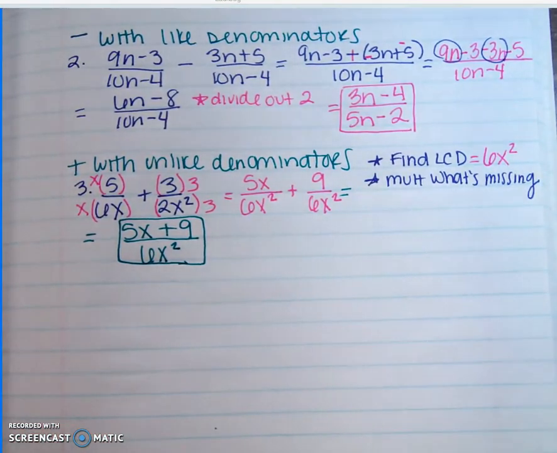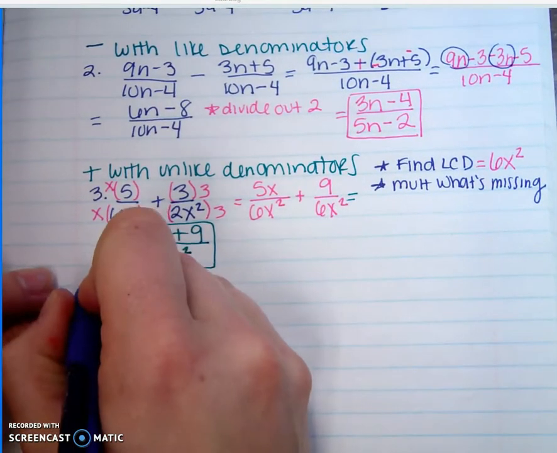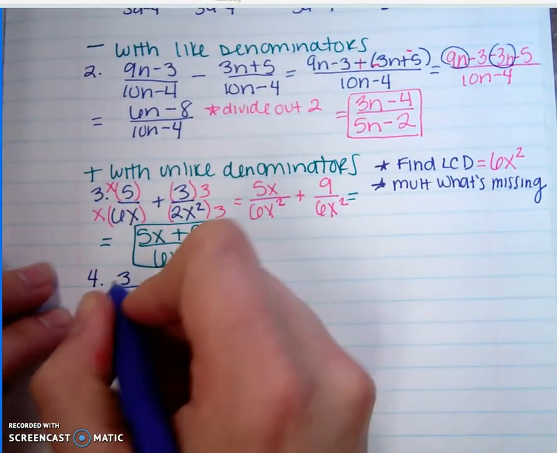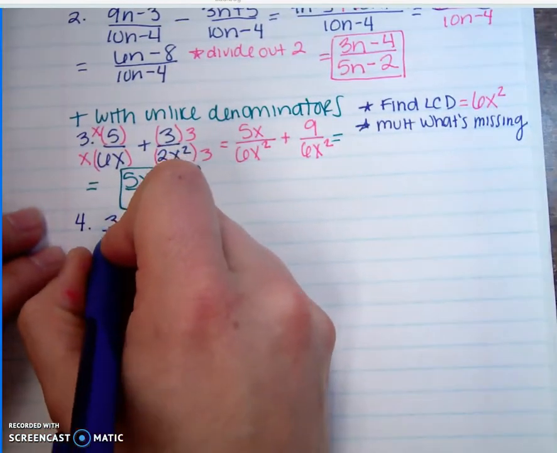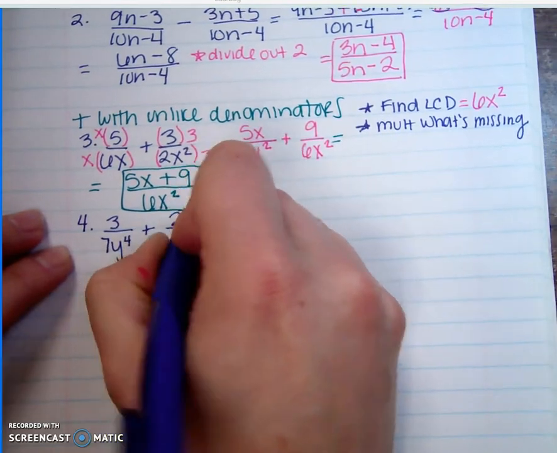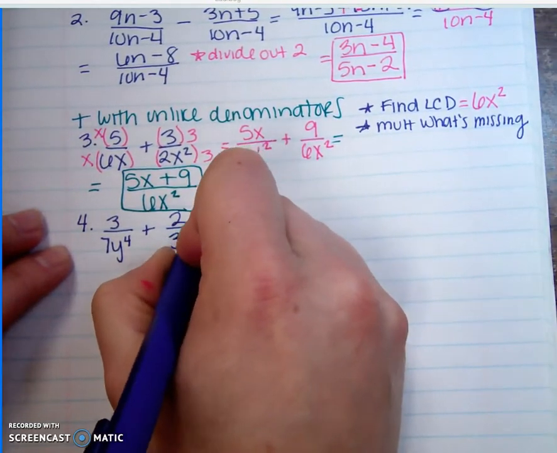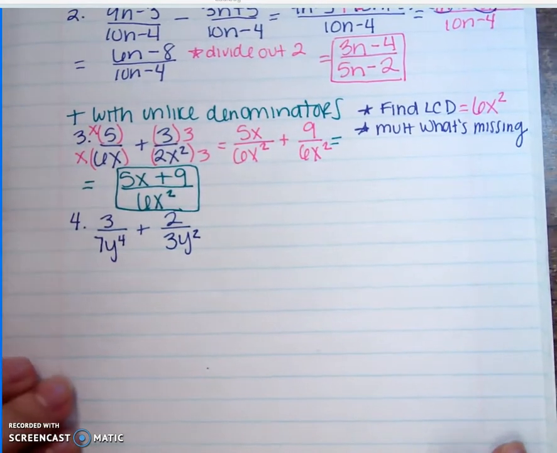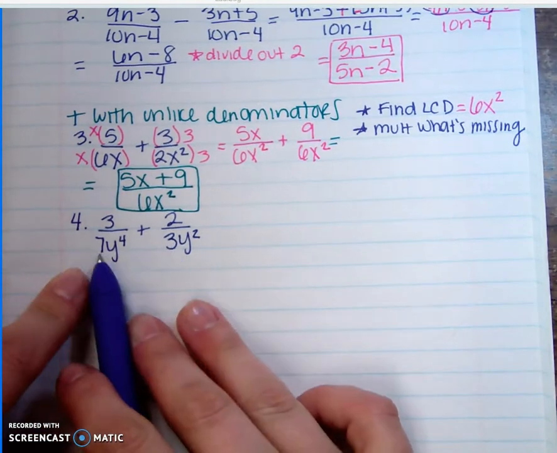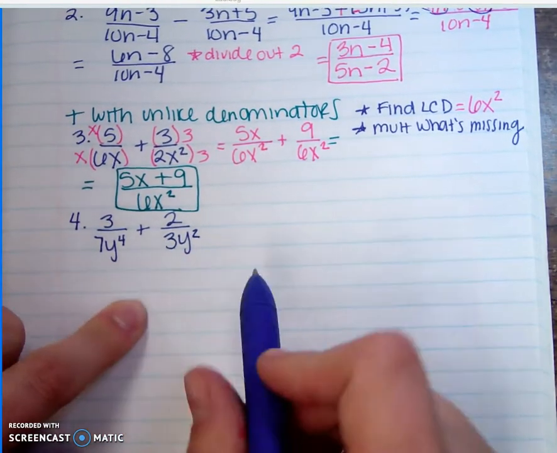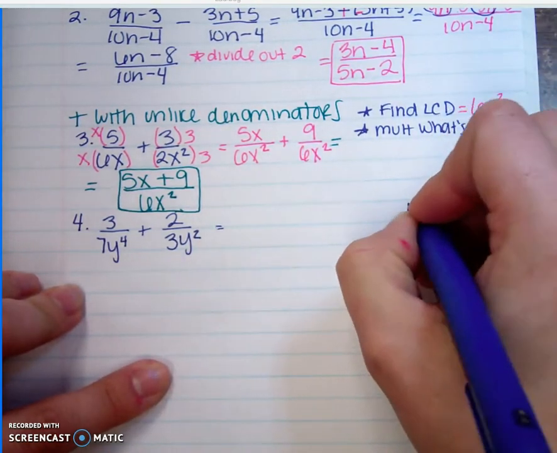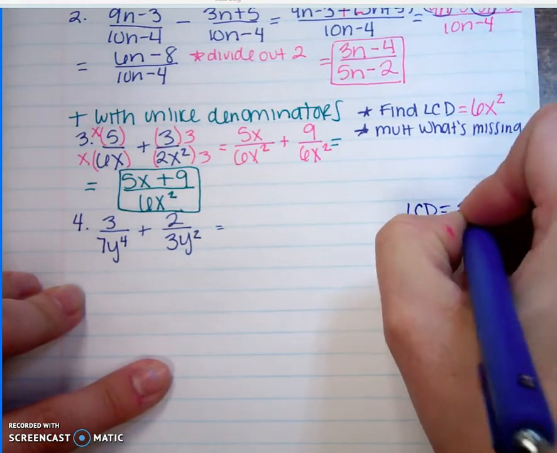We're going to do one more like that because I know it gets a little tricky. Let's say I had 3 over 7y to the 4th plus 2 over 3y squared. I've got to first find that common denominator. I can't make the 3 into a 7 or the 7 into a 3, so I know my common denominator, just multiply those together, is going to be 21 as the coefficient.